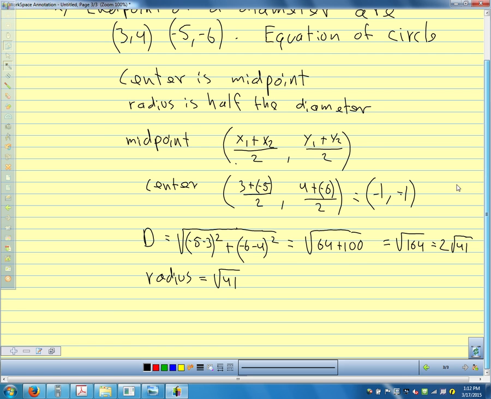And now we can write our equation. X plus 1, x minus h squared, plus y plus 1, y minus k squared equals r squared, 41. And that would be our equation of our circle.